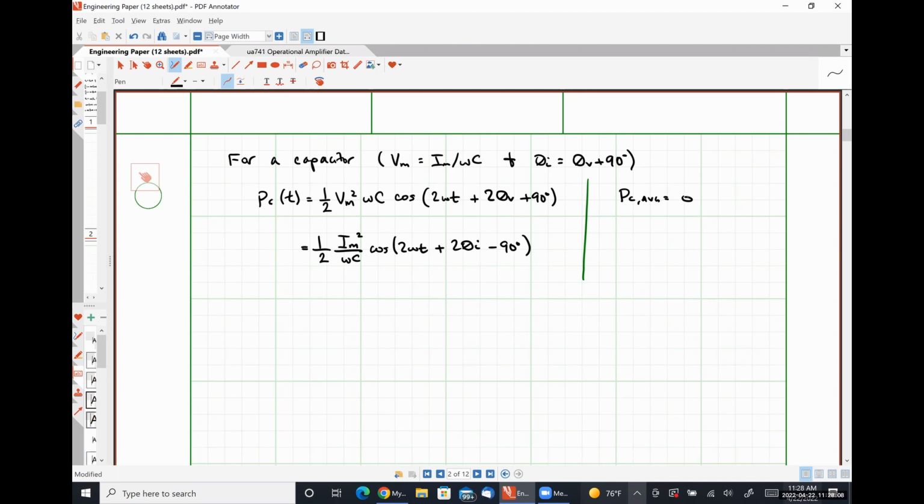I know I mentioned this at the beginning of the class, but I'm just going to repeat it again. All of these equations effectively use our frequency domain properties. So magnitudes of voltages and currents and phase angles of voltages and currents.